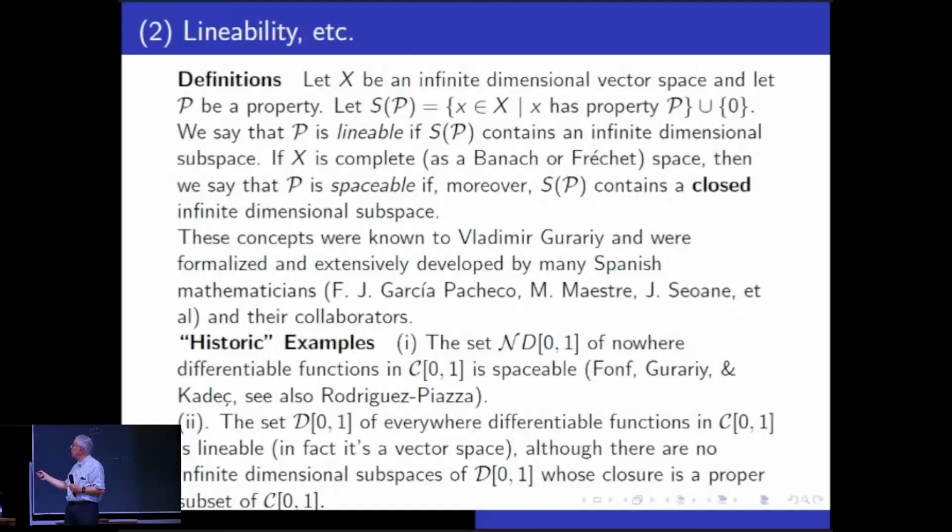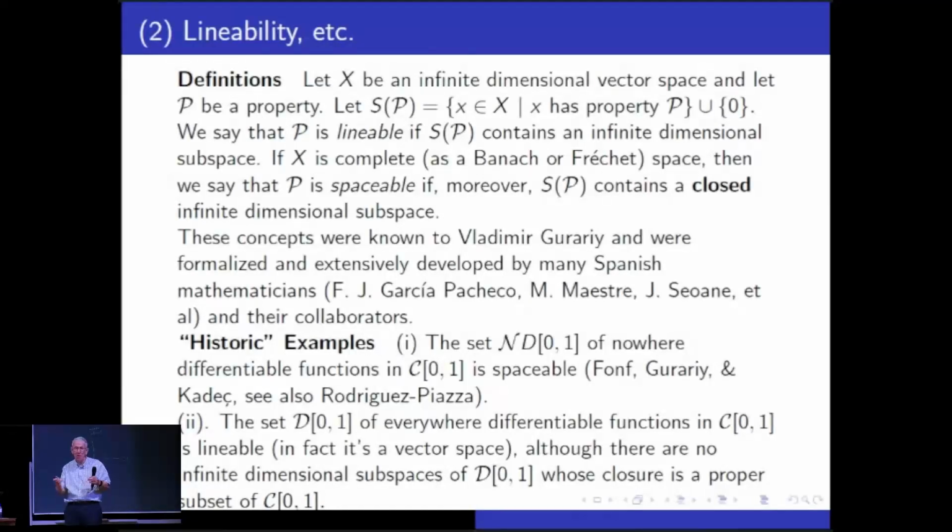Namely, the property is an unpleasant one, let's say, not very nice. How about the corresponding nice property, the set of everywhere differentiable functions? What can you say about that? Well, it's lineable, it's a vector space. You can take two everywhere differentiable functions and add them and everything is fine.